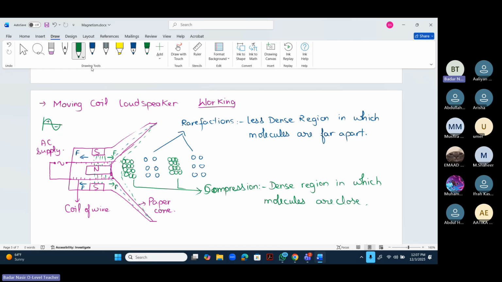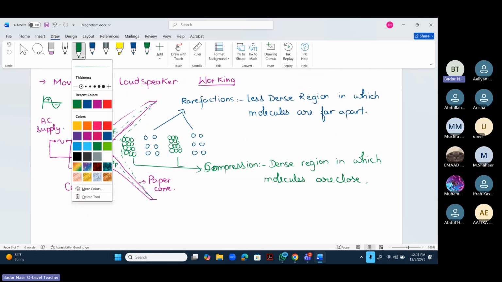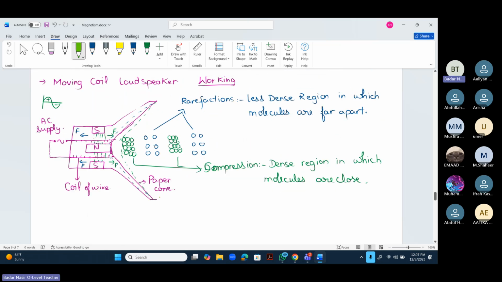Now let's just talk about the working of it. So we will write कि pass the AC current. So what we do, pass AC current through coil.